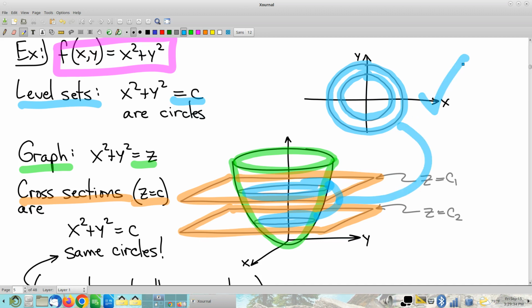We get exactly level sets. I mean, lifted up out of the plane, yeah, sure, to be fair. The level sets themselves live in 2 dimensions. These cross sections of the graph technically live in 3 dimensions, but if you look at the XY relationships on these cross sections, they are the exact same XY relationships as in the level sets. Okay, so that's the connection.